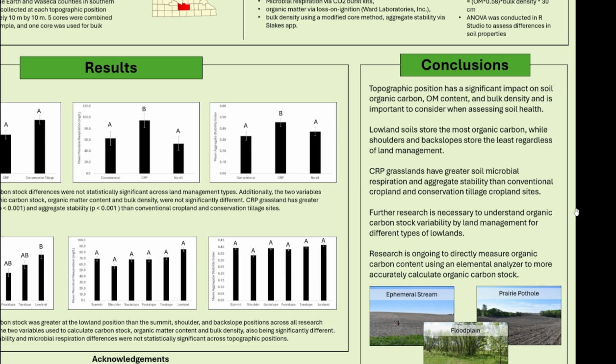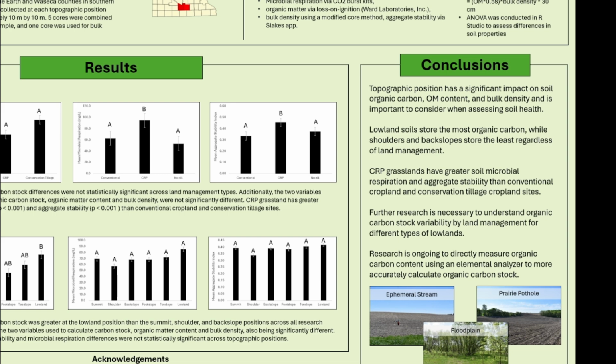The lowlands at each site, like I said before, terminate in different features. I feel like it would be super important for us to understand what the different hydrology of these lowland types and features would do to soil health and soil organic carbon stock.